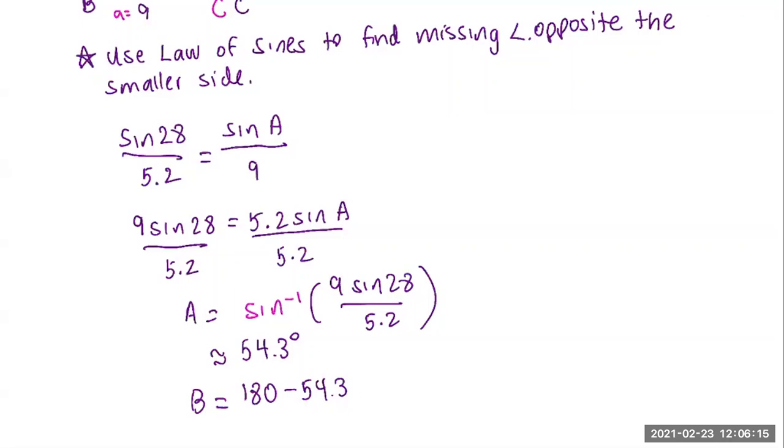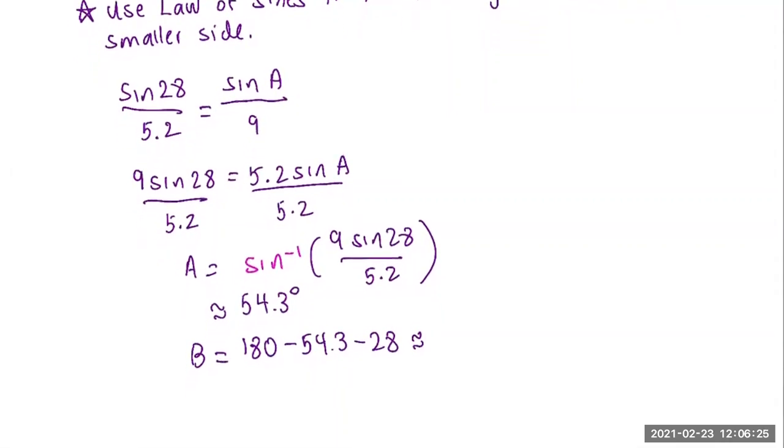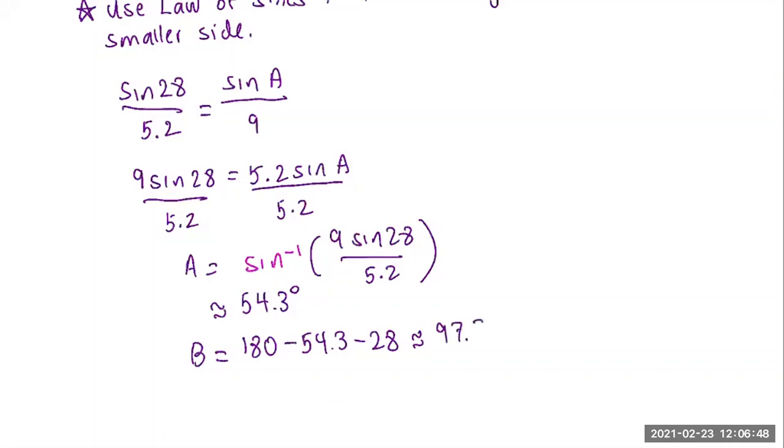Yeah, you can round it to the tenths place. Yes, so subtract from 180. And usually when they say solve the triangle, it means just basically solve for anything missing. So good. If you subtracted it, you should have gotten 97.7 degrees.